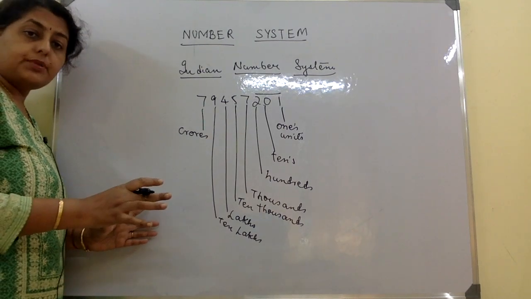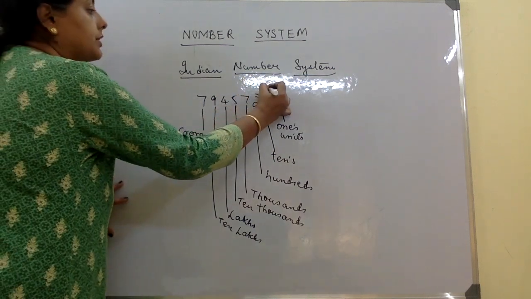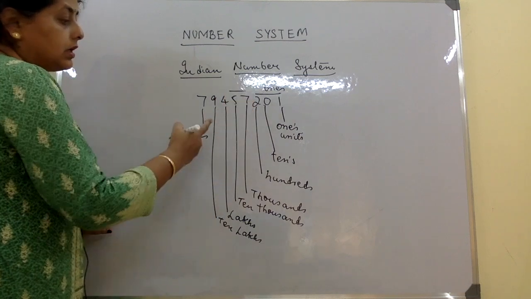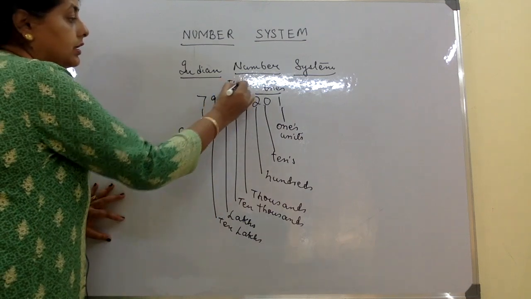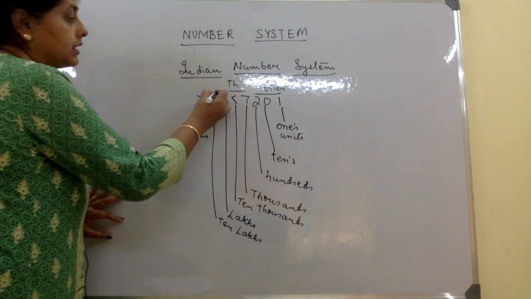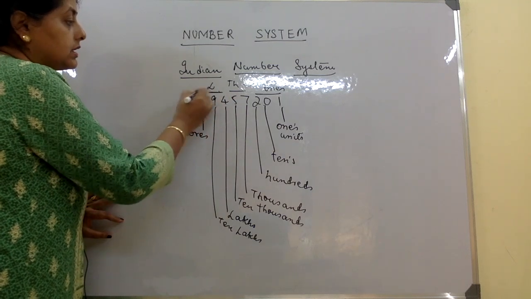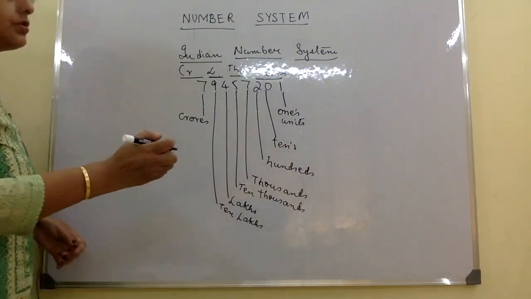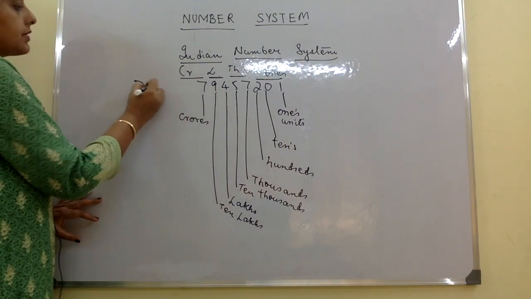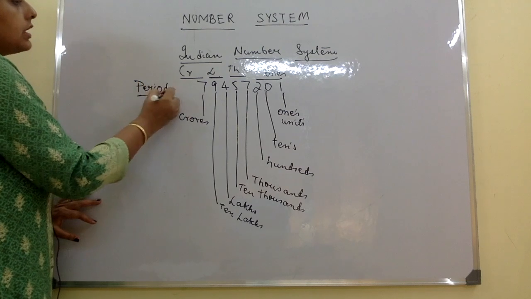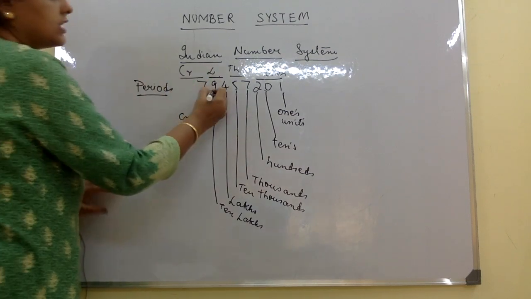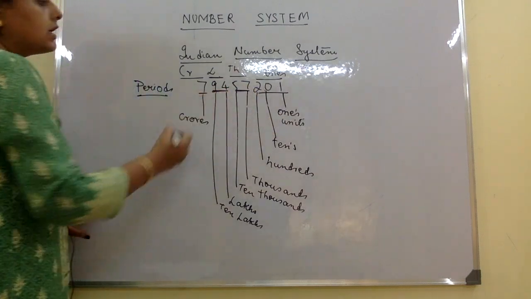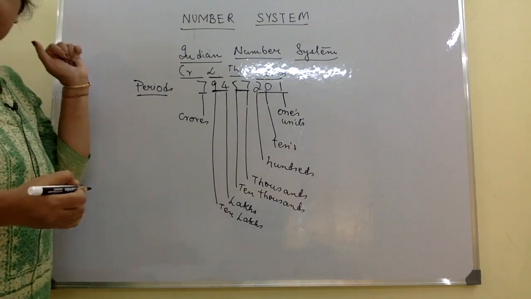We have the first period, which is the ones period, and these two form the thousands period. These form the lakhs period, and after this, two of them will form the crores period. So these are called periods. These two are the lakhs period, these two the thousands, these two are the ones, and this is the crores. We can take one more for crores.